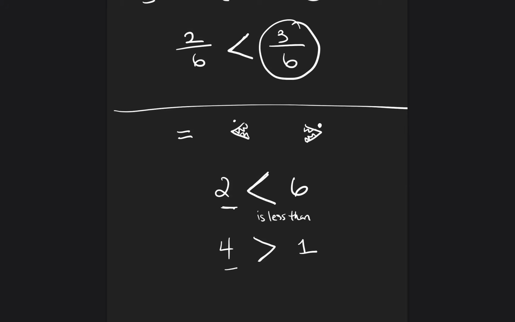If the alligator mouth is facing towards the first number, you would read it 4 is greater than 1. So when the alligator mouth is facing towards the right, this is the less than sign. And when the alligator mouth is facing towards the left, this is the greater than sign.